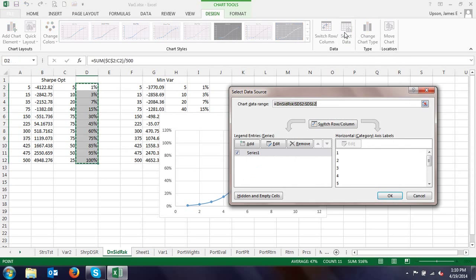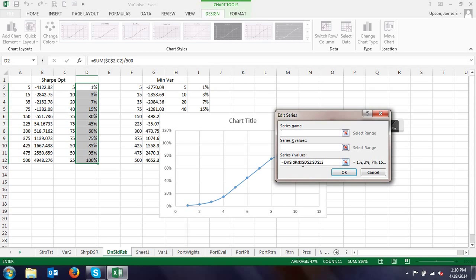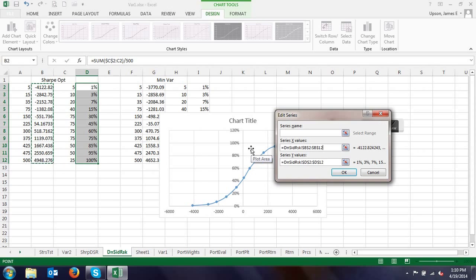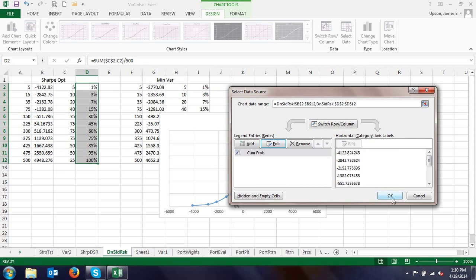I'm going to go ahead and click on Select Data, and I'm going to edit the series. So my Y values are going to be the percentages, my X values are going to be my bins, and this is the cumulative probability function.